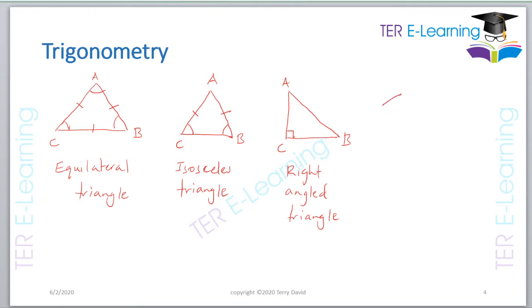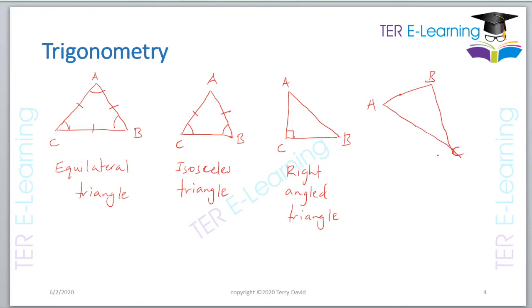Then we have another triangle that looks something like this. Let's say we have this, in which case all the sides and all the angles are different.